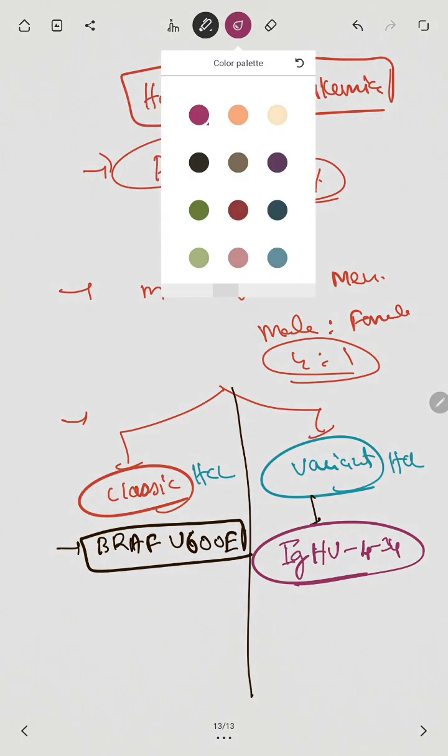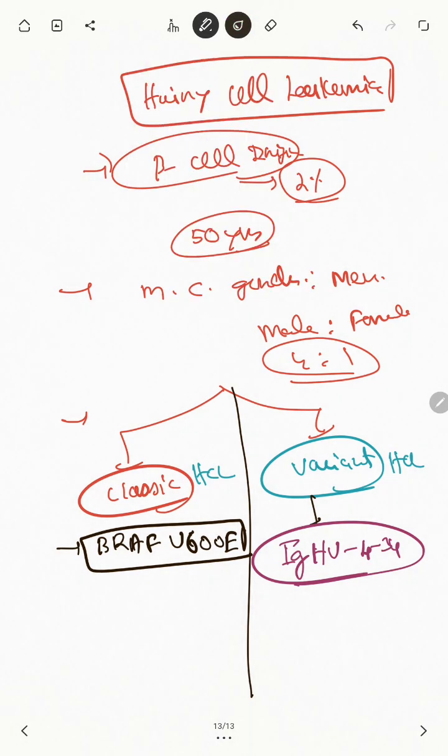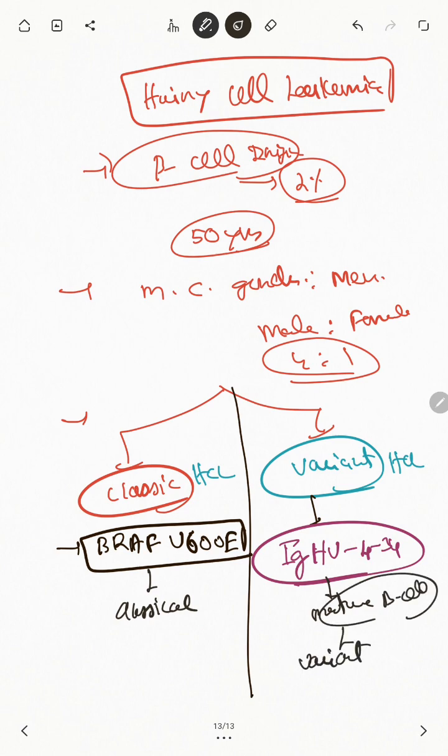Most importantly, the BRAF V600E mutation follows the classical pattern, whereas the immunoglobulin heavy chain is of a mature B cell, so it follows a variant pattern, and it activates the MAP kinase pathway.